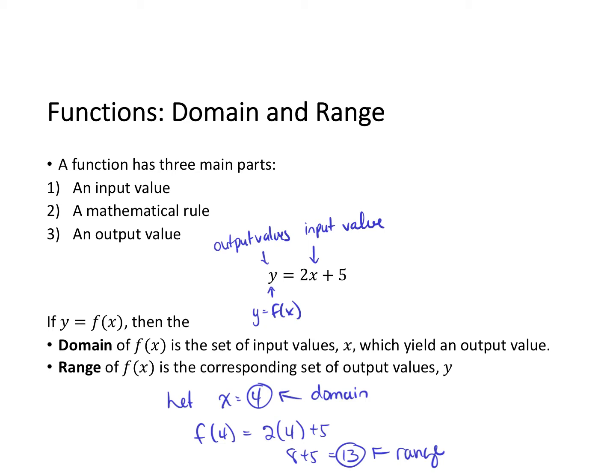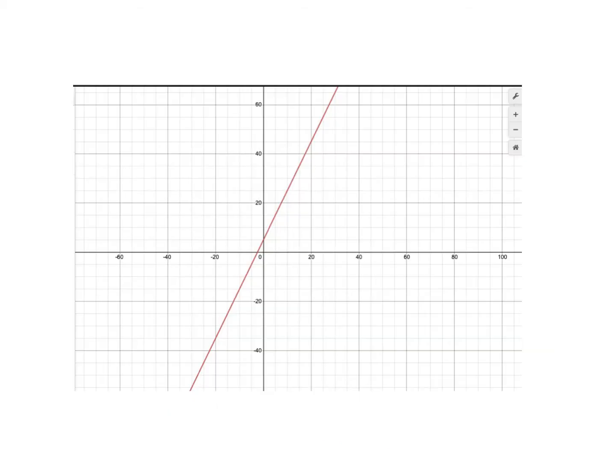So sometimes it's easier for us to determine what the domain and the range of a function is by considering its graph. So let's take a look at the next slide. Here I have a graph of the function y equals 2x plus 5. And again, sometimes a graph makes it easier for us to see the domain and the range. Recall that the domain is the set of all the x values.